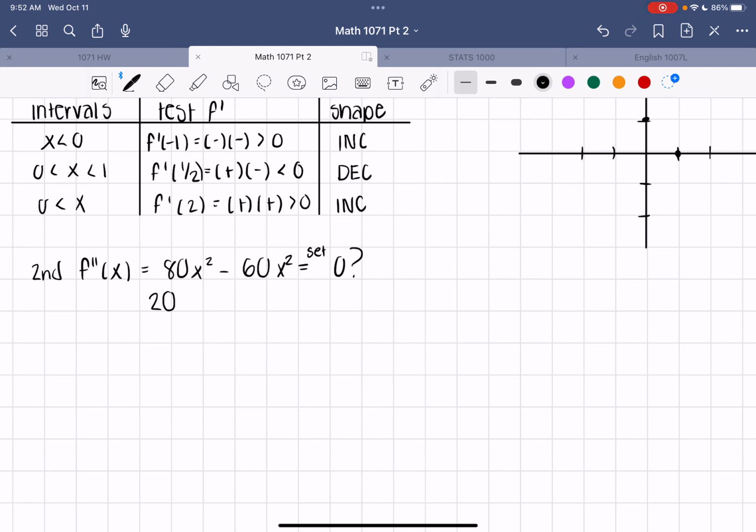Set that equal to 0. And there are 2 inflection points. x could be 0, or x could be 3/4.